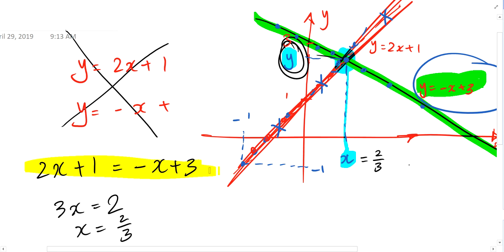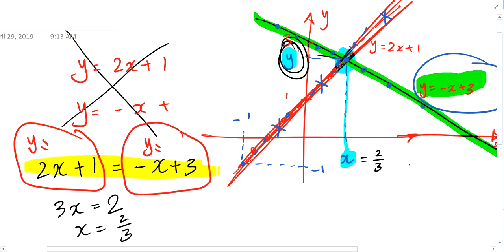Not algebra, use a graph to solve the yellow equation. What will you do? You draw y equals to 2x plus 1. You draw y equals to negative x plus 3. So you get those two graphs, right? We are working backwards now. So we get those two graphs, we find the intersection point.